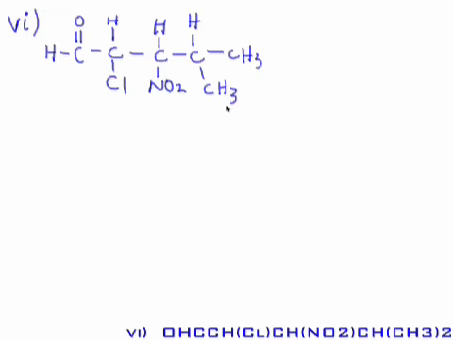Well, we find the longest carbon chain with the highest priority group on it. In this case, we have a chlorine, an NO2, and methyls. The highest priority group is the C double bond O with an H. An H attached to a carbonyl is an aldehyde. Aldehydes are named by taking the alkane and dropping E and adding Al. We have 1, 2, 3, 4, 5. A 5 carbon chain is a pentane.